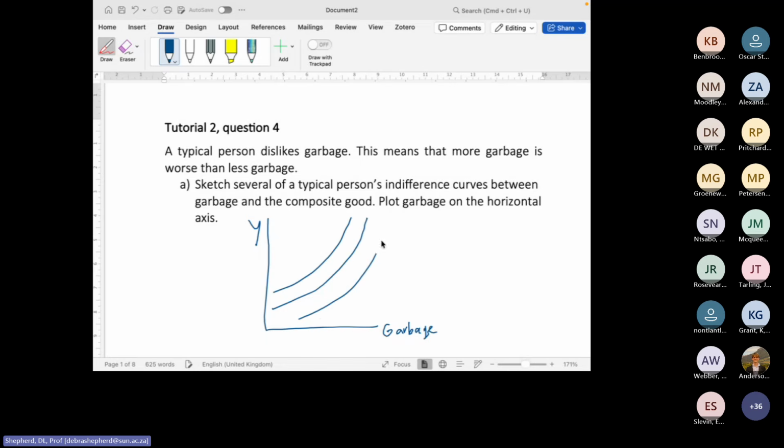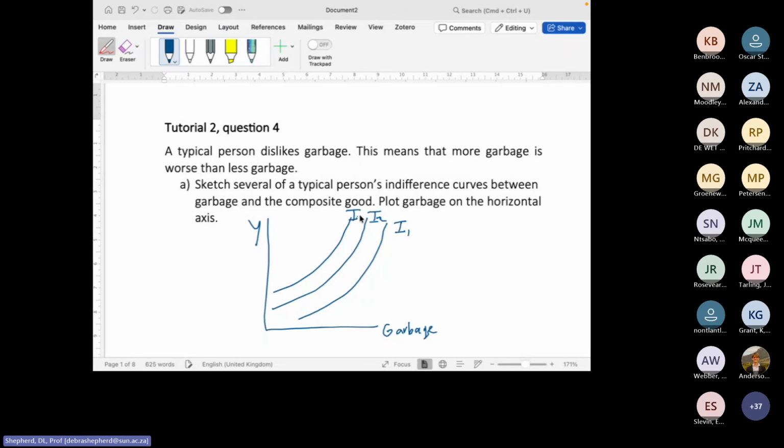So I'm just going to draw a few of them, and I'm going to go through in a little bit of detail why it is that these types of indifference curves give this relationship between these two goods.